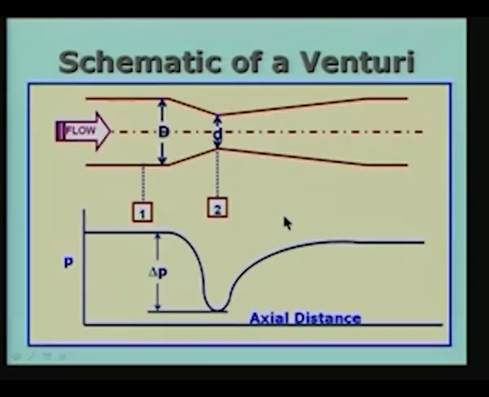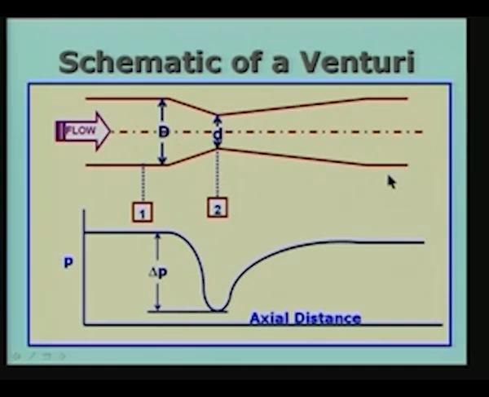The third arrangement, which is one of the best ways of doing it, is to have a venturi, which is a converging diverging nozzle. So, it starts converging from D to a small diameter d and again it starts diverging and goes back to the original diameter. Of course, the disadvantage of the venturi, if you want to refer to it as a disadvantage, is that it requires a long length for the measuring device.